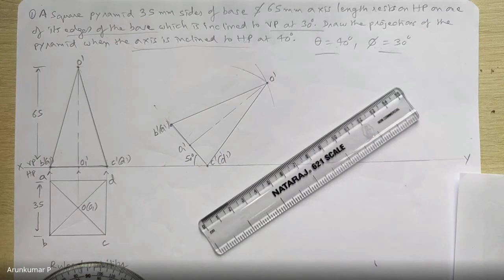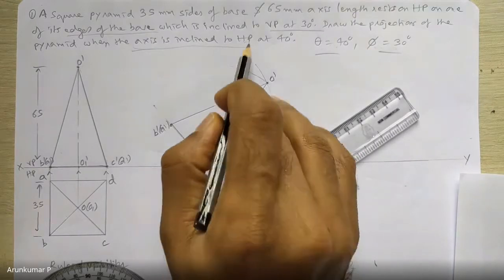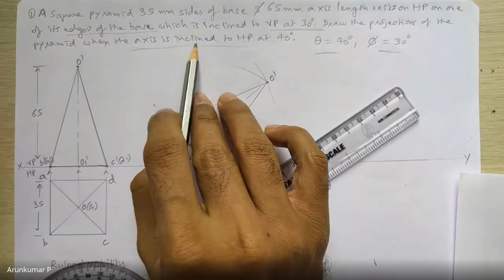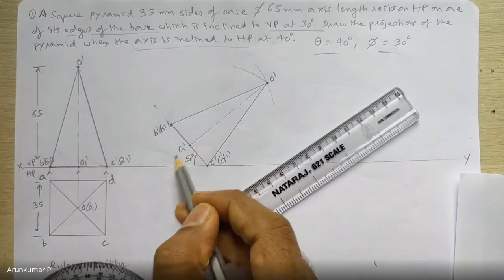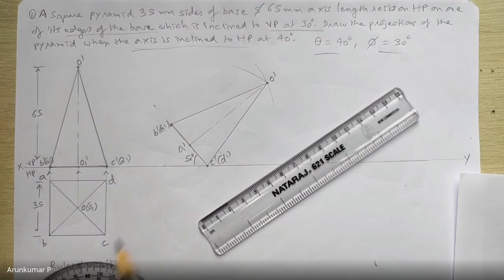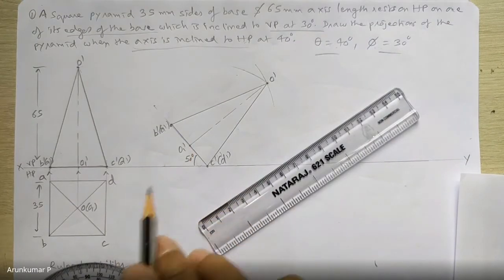Got it? Now it is not over. There is one small thing remaining. See, what is given to you, axis is inclined at 40 degrees. Where is the inclination of the axis? You have to show the inclination of the axis. And you also don't know whether it is really inclined at 40 or not.